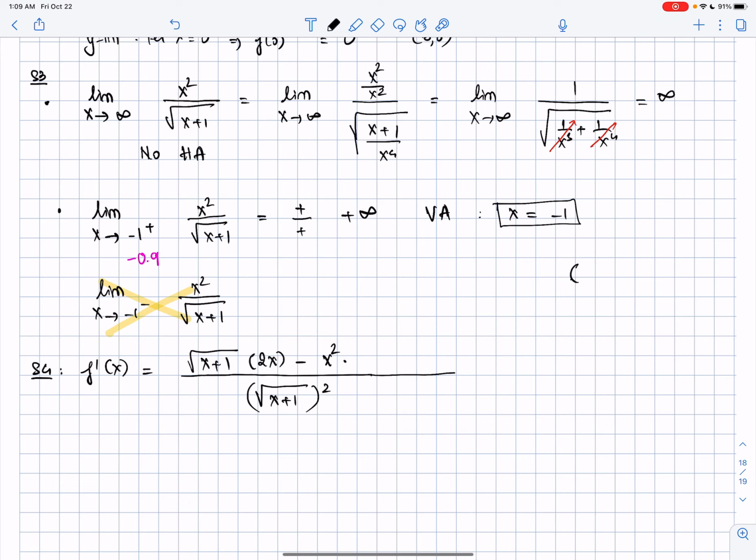So we have the square root of x plus 1, that means 1/2 times x plus 1 to the 1/2 minus 1, which is negative 1/2, and then the derivative of x plus 1 is 1. That means we will have 1 over 2 times the square root of x plus 1.